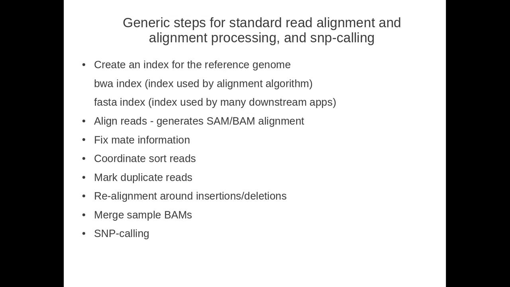Finally, we have to do what's called a realignment around insertions and deletions. The requirement for this, as I'll explain, has to do with the high false positive rate due to misalignment of reads around regions that are inserted in one genome relative to another. We then finally need to merge the sample BAMs, and as I describe next week, you actually do SNP calling typically on many samples, that is, many individual genomes simultaneously, in order to reduce the false positive rate in the SNP calling protocol.